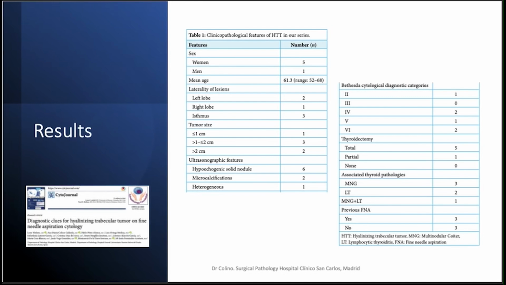Prior to hyalinizing trabecular tumor diagnosis, 3 patients had previous fine needle aspiration, all of which were categorized as Bethesda 3 for atypia of undetermined significance.